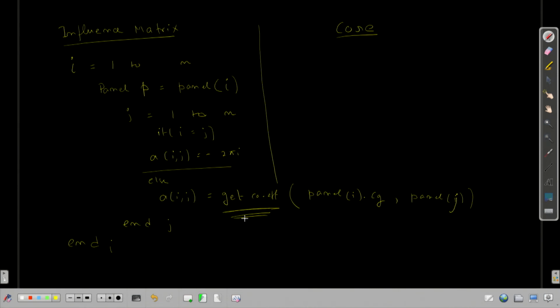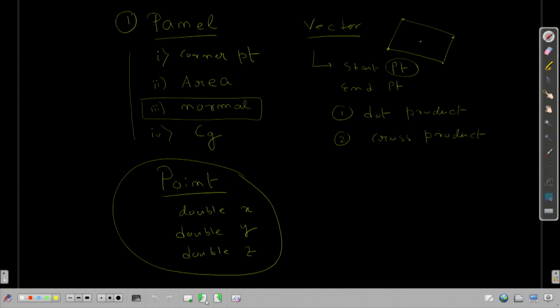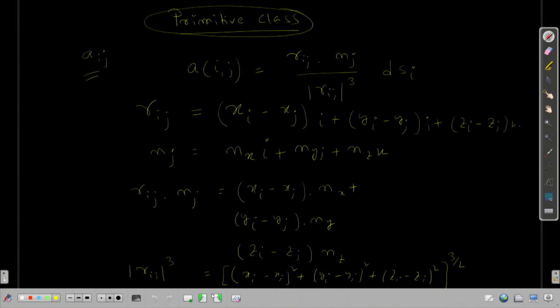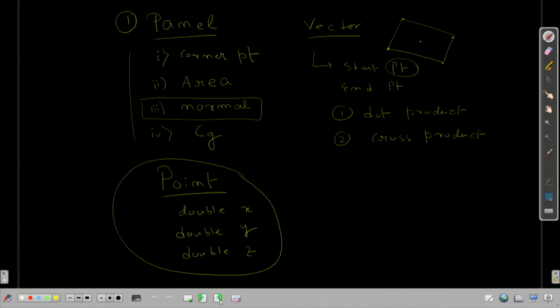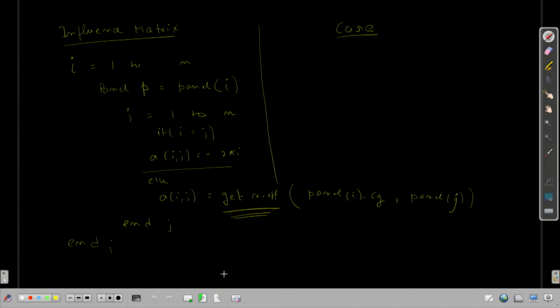So, here I am not doing any of the core logic that is involved. What I am doing here is writing the business logic. So, now my job is to write the get coefficient function separately.